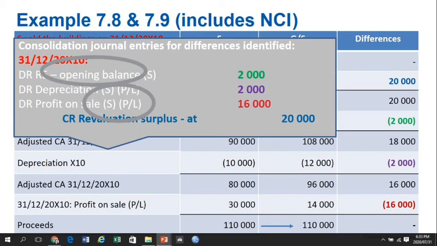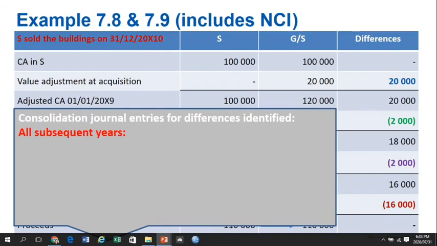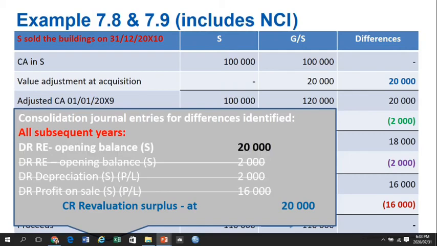Yes, all of it will now move to retained earnings opening balance of S. So if you were in a subsequent year and you had to consolidate, your consolidation journal entry would be credit revaluation surplus at acquisition, keep on creating that, otherwise you will have incorrect goodwill. And now the debit leg would be to retained earnings opening balance for the full 20,000 Rand.